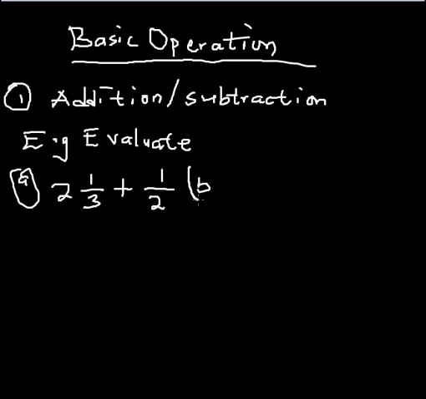B: 3 whole number 2 all over 5, minus 3 all over 10. Let's solve the solution.